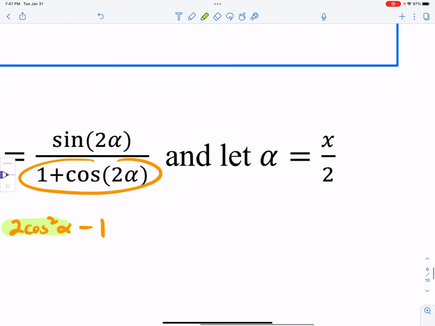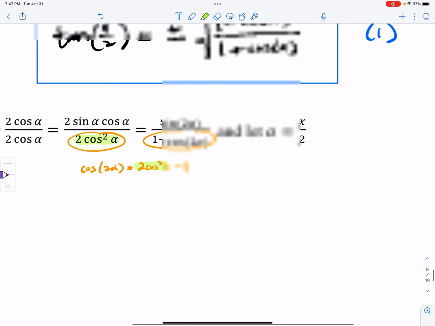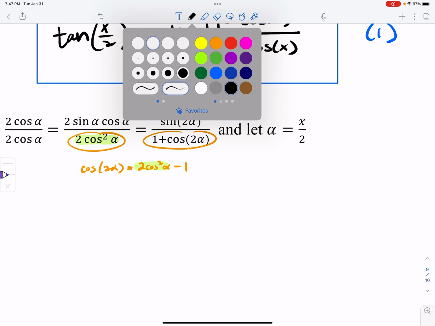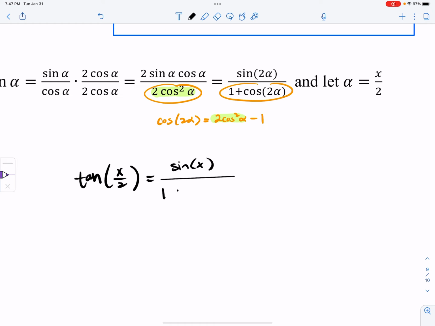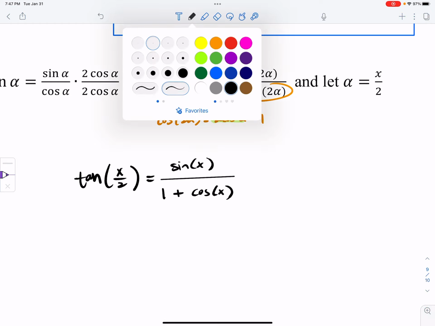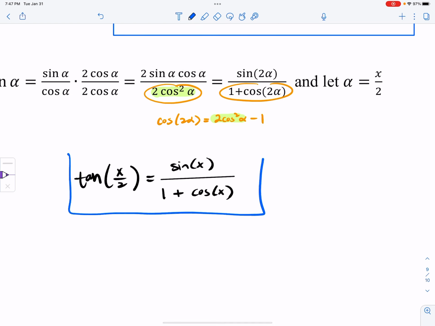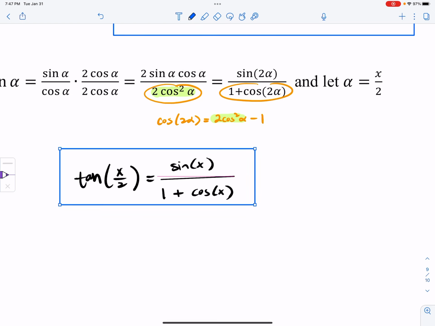Okay, from there, if we let alpha equal x over 2, then we will have tangent of x over 2 is equal to, 2 times x over 2 is just x, so it'll be sine of x over 1 plus cosine of x. Okay, so that is the second half-angle identity for tangent.